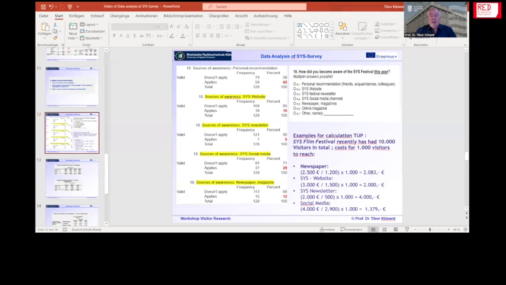You only have to pay 2 euro and 8 cents for reaching a visitor by newspapers. You have to pay 2 euros for reaching a visitor by the website. So here, then you can decide which channels are cost effective and which are not. So, of course, it is good to switch the money to those channels which are very cost effective.